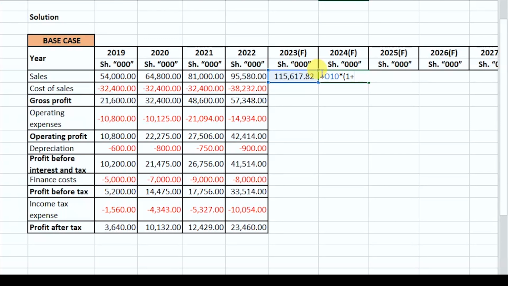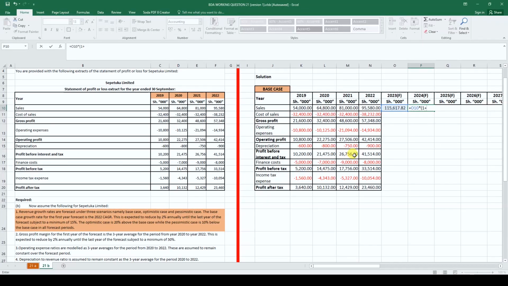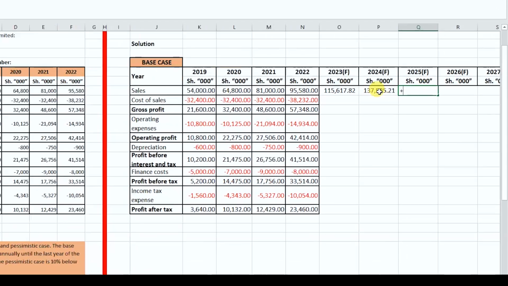So you can take this value, open the brackets, 21% minus 2% gives us 19%. So 19%, like that, and we close the brackets like that. Enter. Then go over there plus this value.